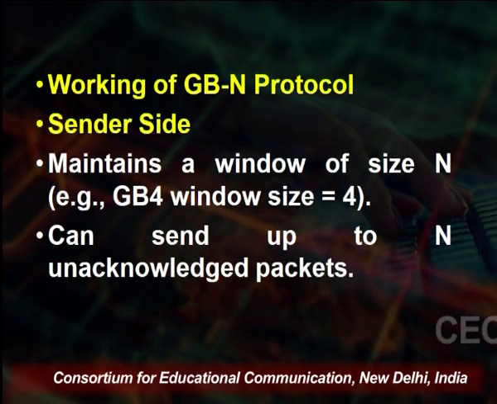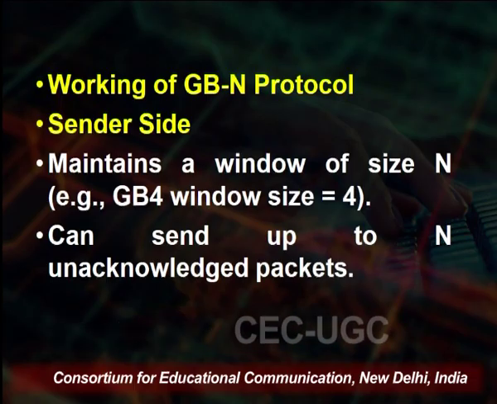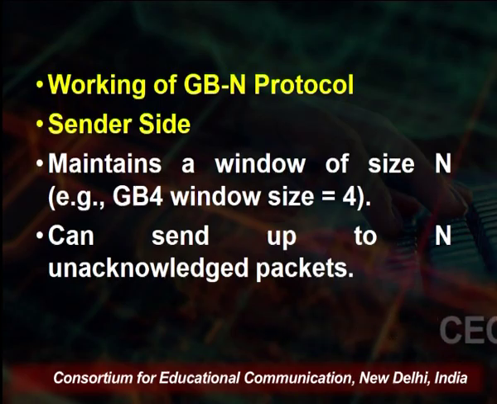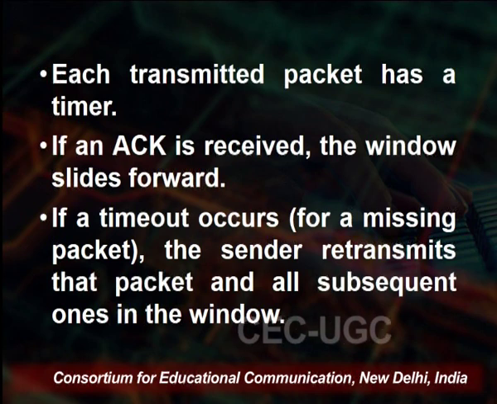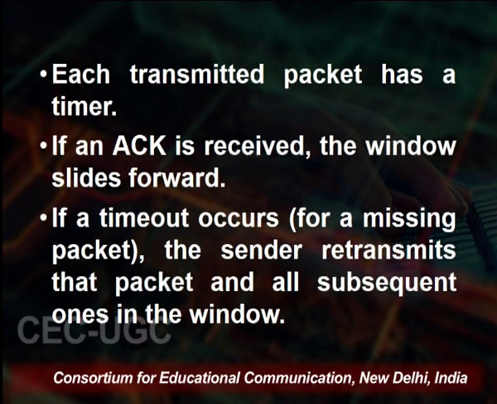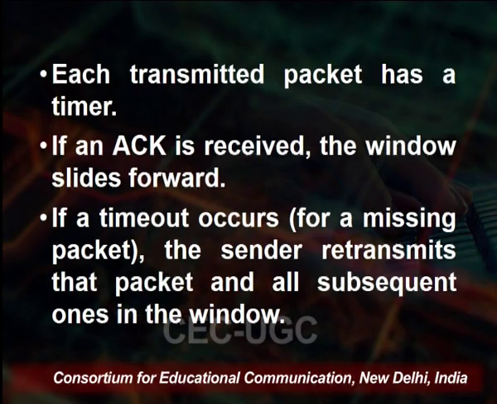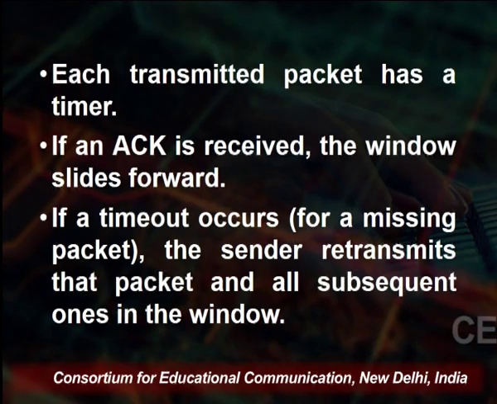That essentially means it can send up to N, or here in this example up to 4 unacknowledged packets. Now each transmitted packet has a timer. If the corresponding acknowledgement is received, the window is slid forward.